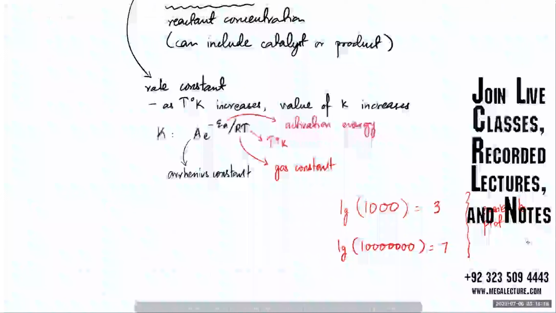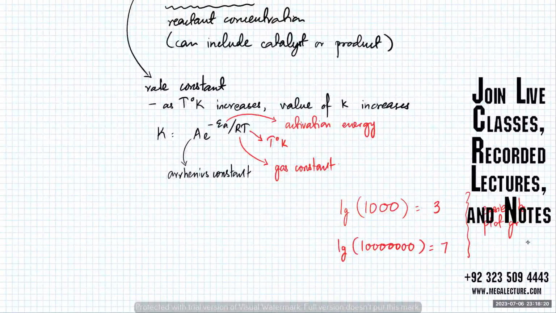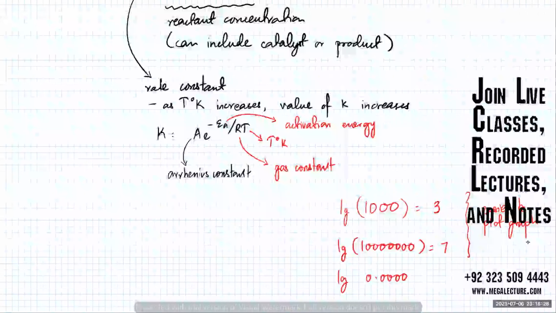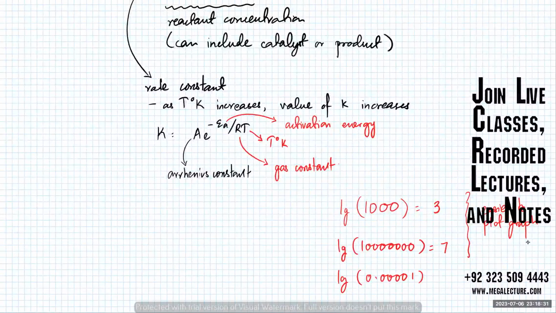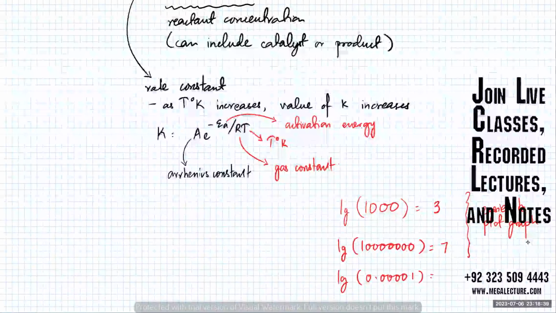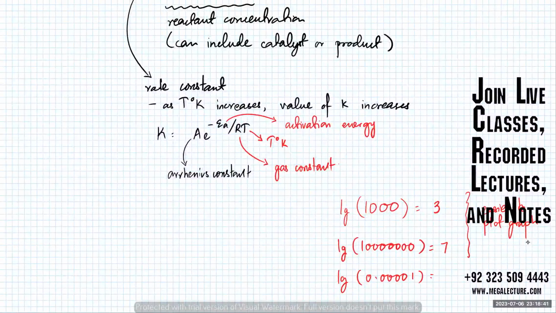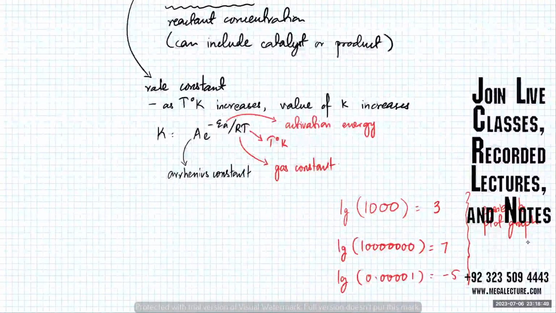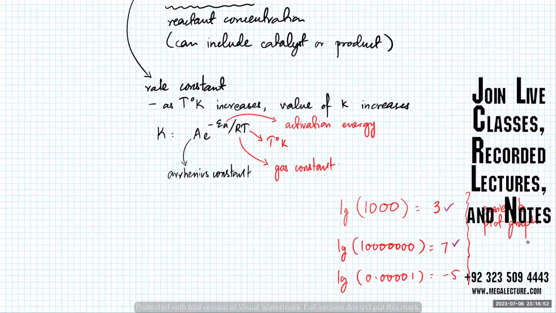Log is really important because when you get very small and very big numbers, like if I take the log of, let's say, 0.0001, plotting all these numbers is really difficult on a graph. What is this 10 power? That's 1, 2, 3, 4, 5. 10 power minus 5, right? So you get the idea that taking log of a value just makes it very easy to plot graphs. Is that clear?